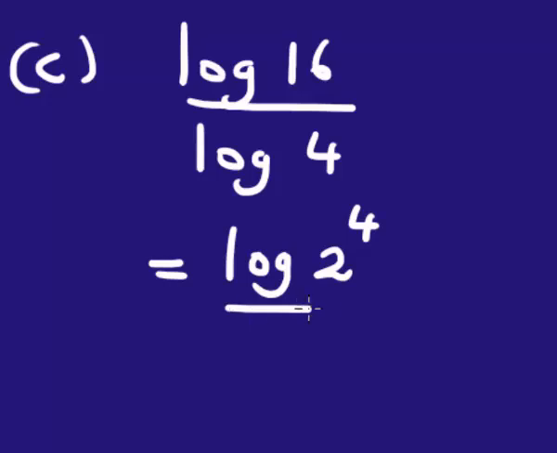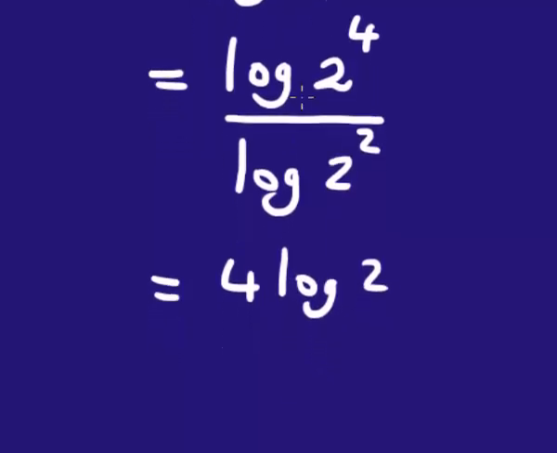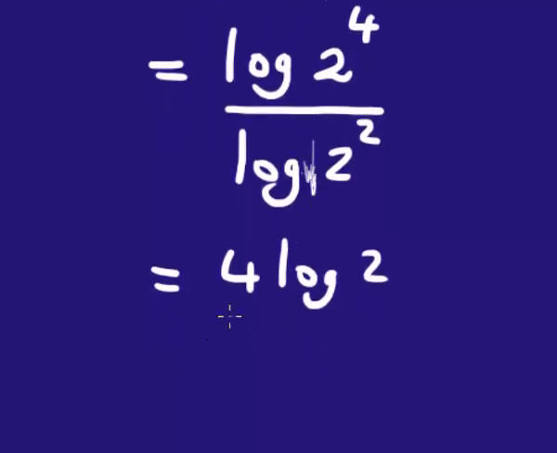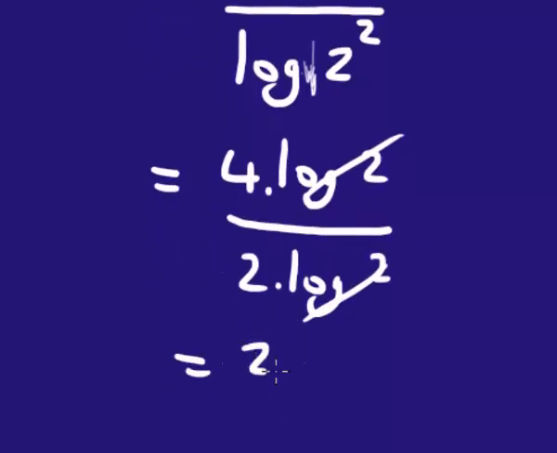The log of 4 is log 2 squared. Then all we need to do is bring down the 4, using the third law, 4 log 2. Remember the base here is 10. It's the common logarithm, divided by 2 log 2. What's nice is those cancel, and 4 over 2 is 2. So that's quite a nice little one there.